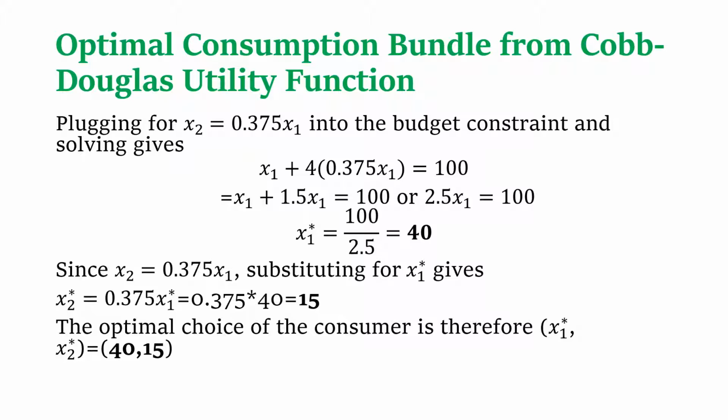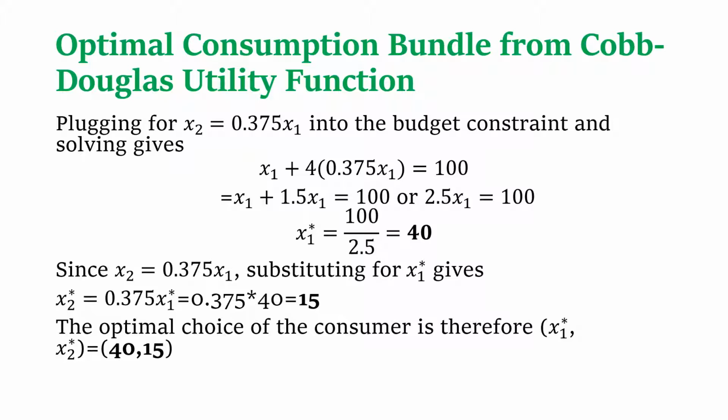Now, plugging x2 equals 0.375 x1 into the budget constraint. We are going to plug x2 into the budget constraint to obtain the optimal value. So what do we do here? We have x2 equals 0.375 x1, and we plug this into the budget constraint.